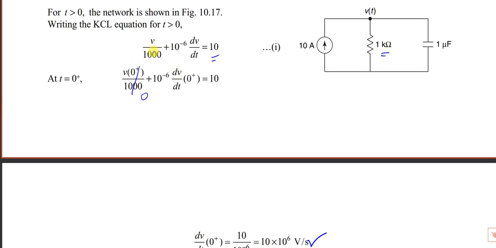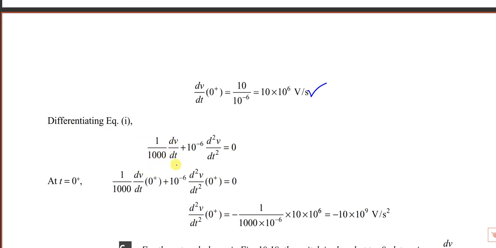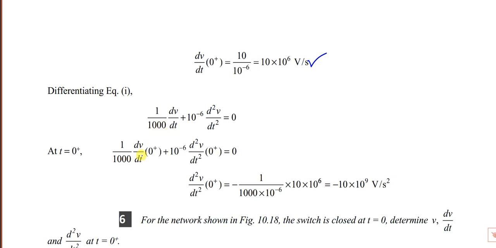Next, differentiate this equation once again: 1 by 1000 dV by dt, plus 10 power minus 6 d square V by dt square. Substitute t equal to 0 plus. The dV by dt value is already known, so it is 10 into 10 power 6.